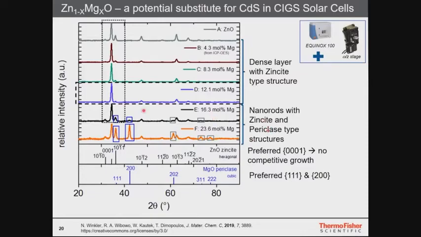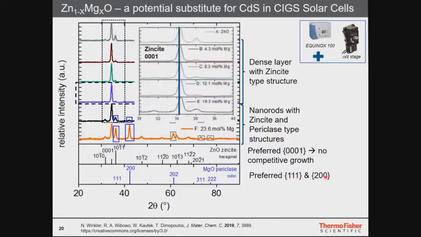So the first patterns are a zincite type structure, and then we get a periclase type structure. We can also see that we have a preferred orientation of the zincite structure type of 0001, and no competitive growth, so it's only this preferred orientation. And the periclase type structure has another preferred orientation.